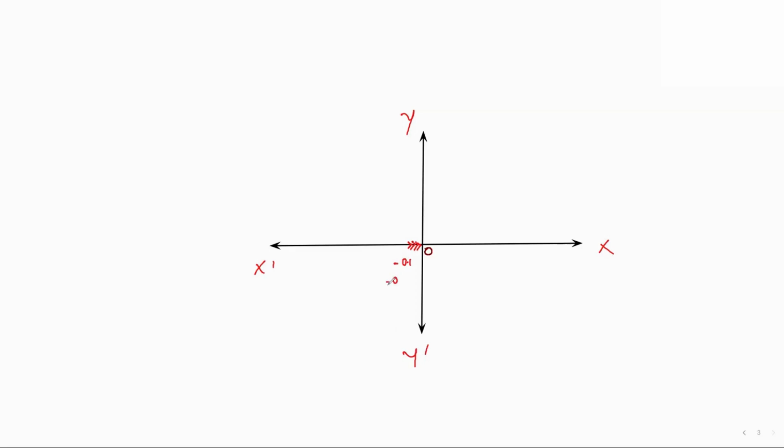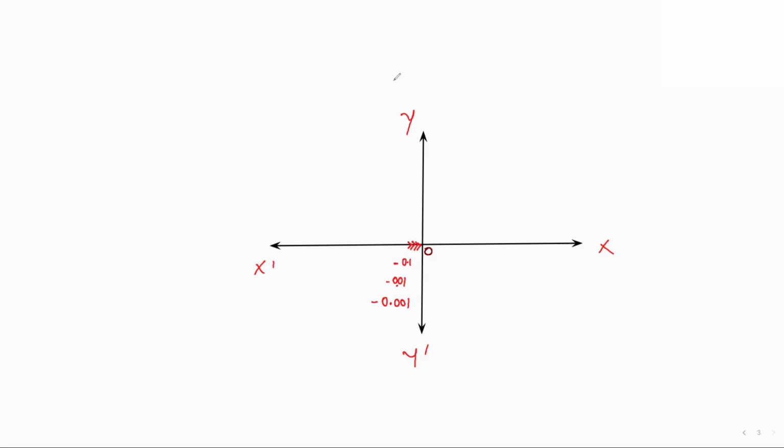When we are approaching, it means we are going very close to 0 from its left hand side as well as from its right hand side. So it will be minus 0.01. Then I can take the value of the function as 0.001. You can see I'm decreasing the value of variable x, and we are going close to 0 from its left hand side.